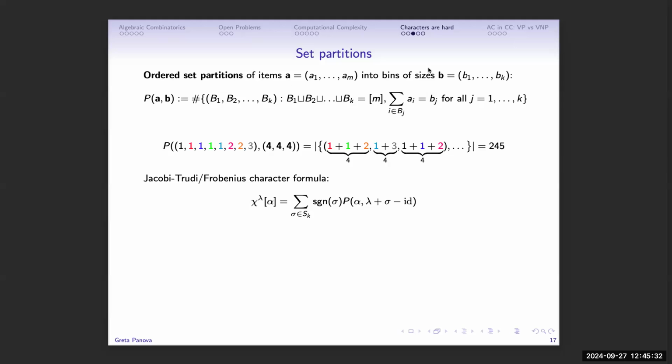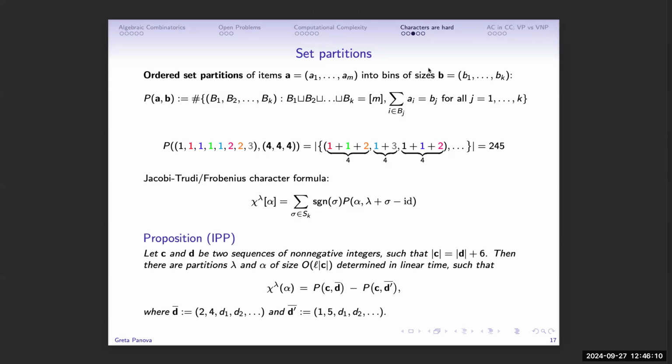So this is just the number of parts in lambda here. And then we are partitioning these alphas into bins of size this. So ID is the identity permutation. So that's another way to compute characters. It's different from the Murnaghan-Nakayama formula. It's not necessarily any better, but it's a more compact way to write it, and also to use this function here that we have.